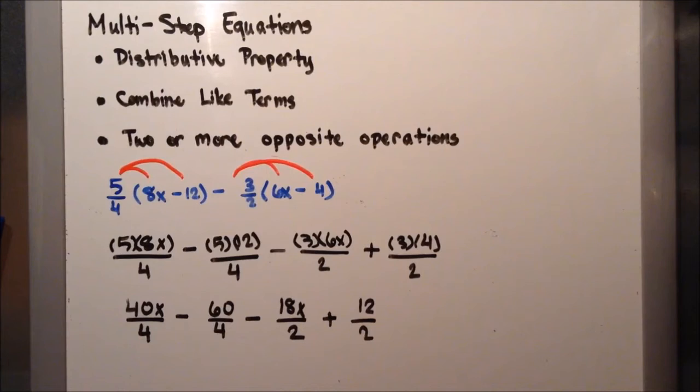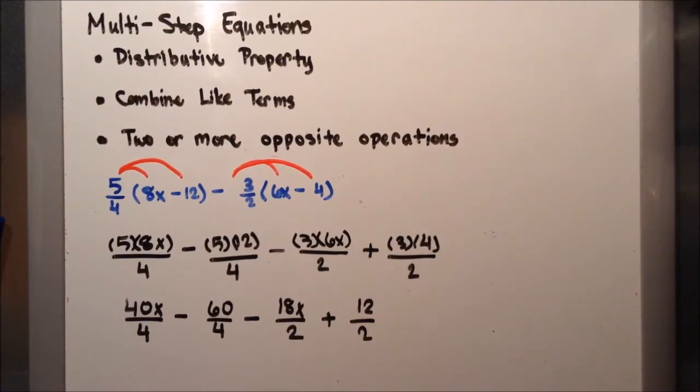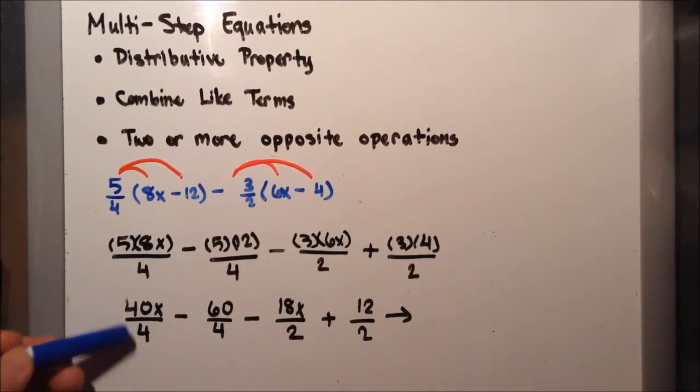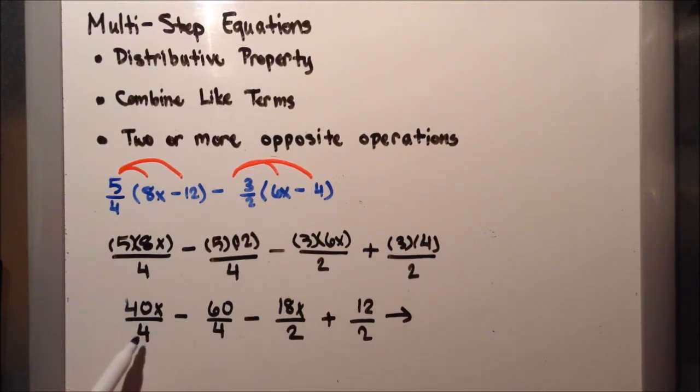Now, is there a way we can simplify them? Sure we can. So 40x divided by 4, 4 can definitely go into 40, so 40x divided by 4, that's 10x.